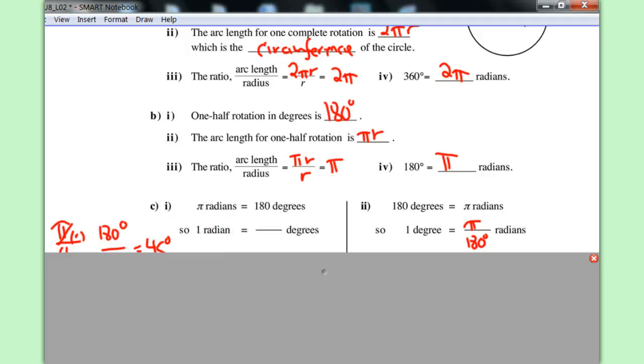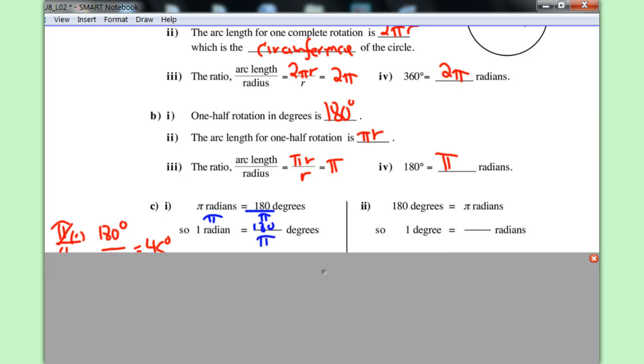Somebody says to you, what's 1 radian? Well, we can simply say pi radians is equal to 180 degrees. If I divide both sides by pi, then 1 radian is equal to 180 over pi degrees. What about 1 degree?